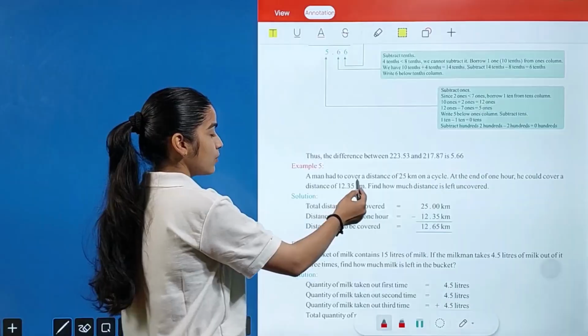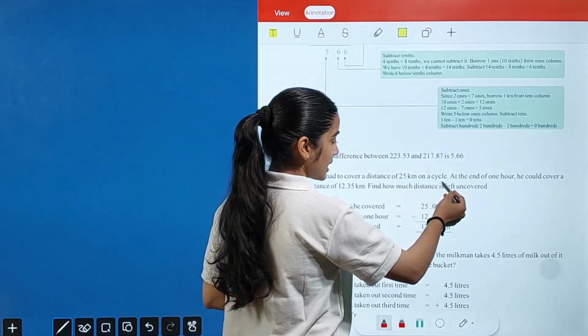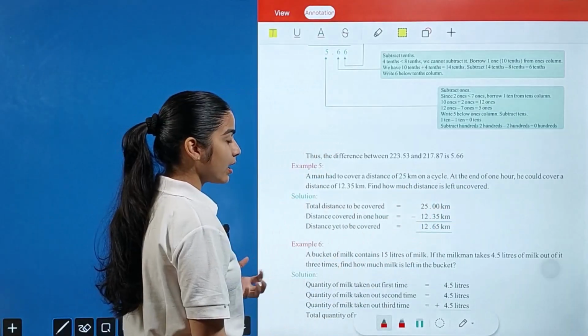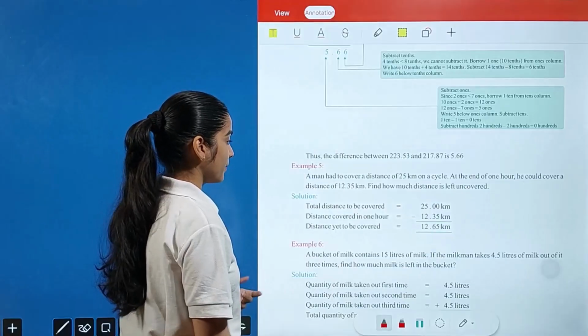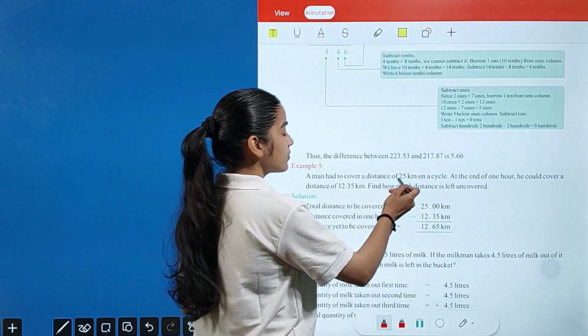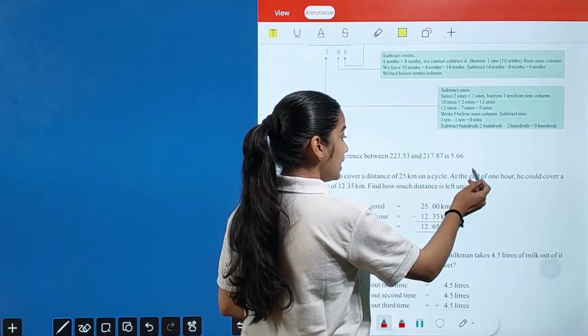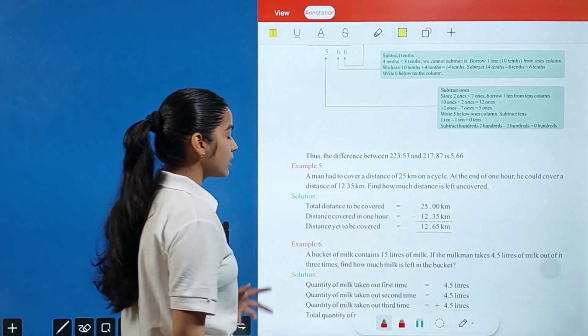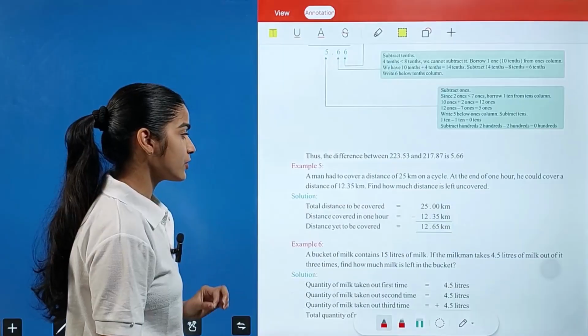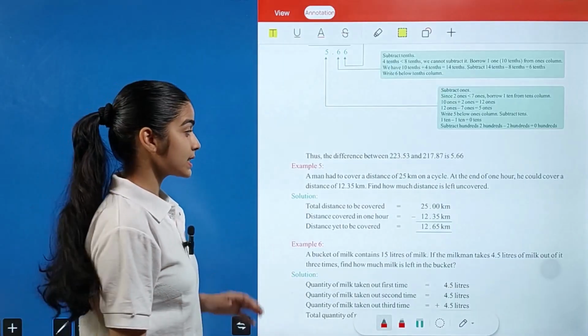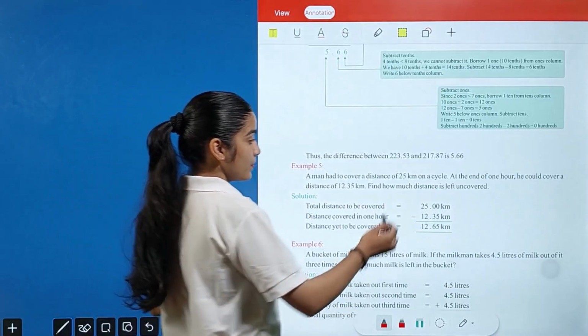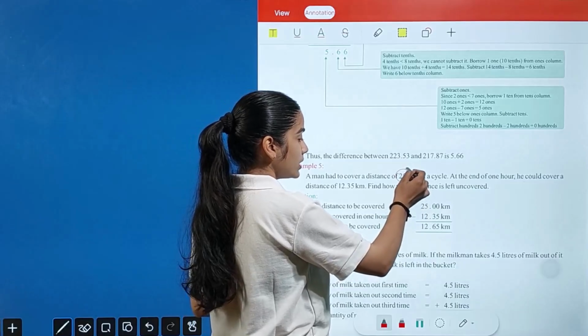A man had to cover a distance of 25 kilometers on a cycle. At the end of 1 hour, he could cover a distance of 12.35 kilometers. Find how much distance is left uncovered. So this is your whole number. You have to convert it into a decimal.